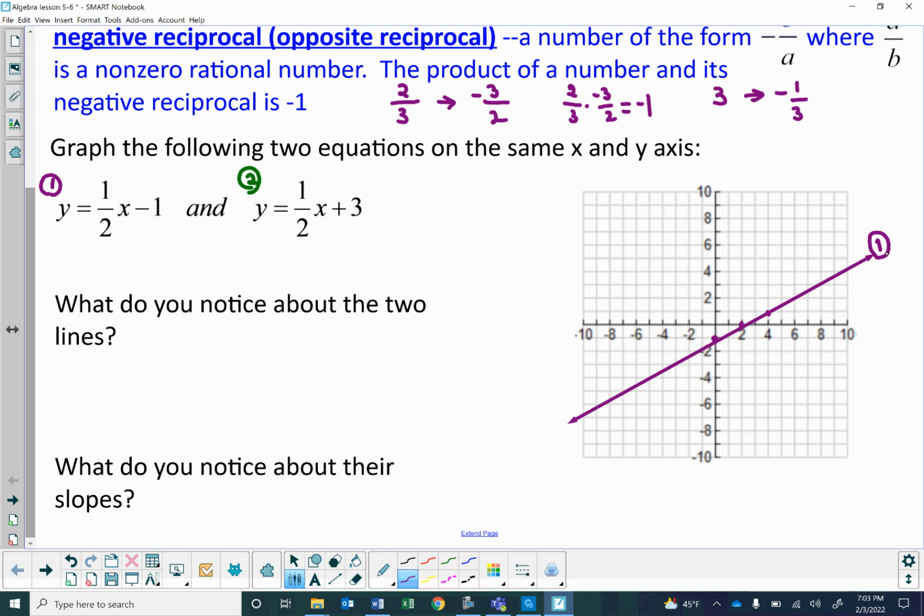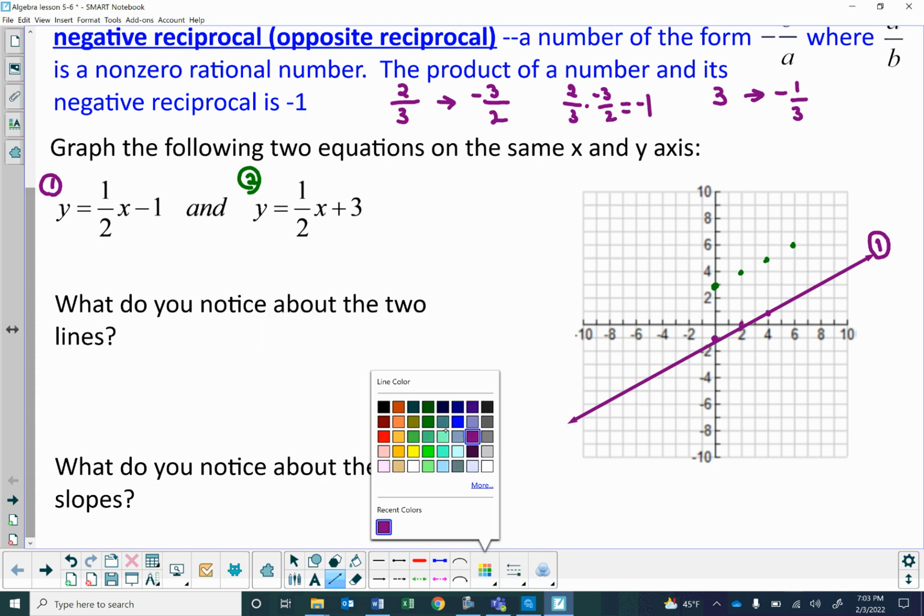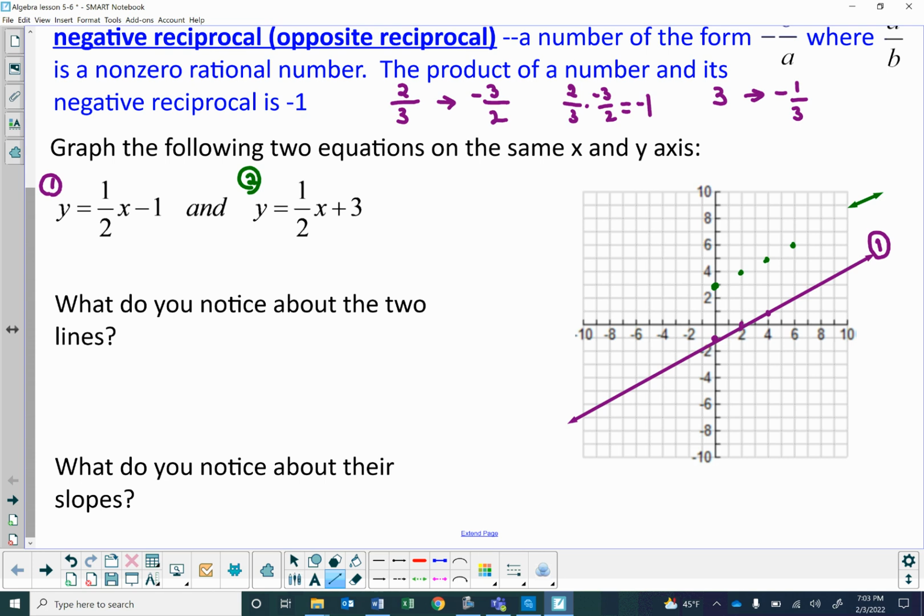The second equation, y equals 1/2 x plus 3, has a y-intercept at 3 and a slope of 1/2, so up 1/2, up 1/2, up 1/2. I'll get my straight edge, connect these two points, and label this equation number 2.